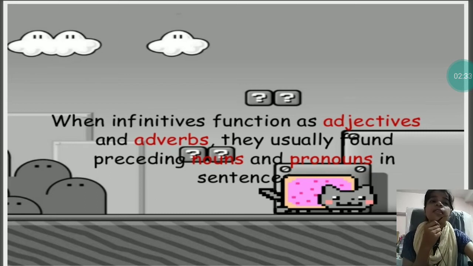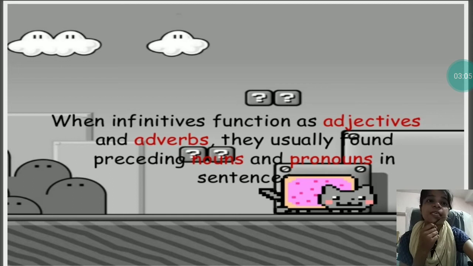So whenever an infinitive acts as an adjective or adverb, it is obvious that it will take the position before the noun. Okay, this is usual. And when infinitives function as adjectives, they do the same work that is done by any other adjective. And when infinitives function as adverbs, they do the work any adverb does.